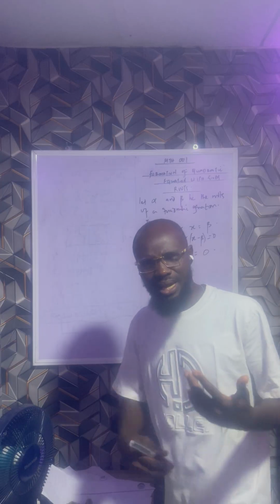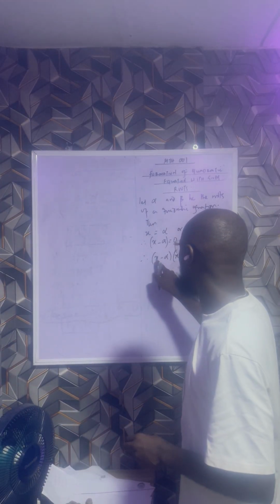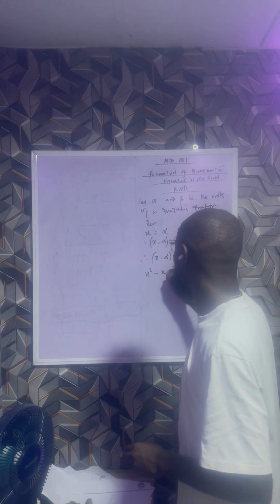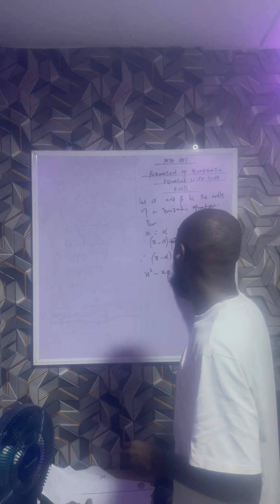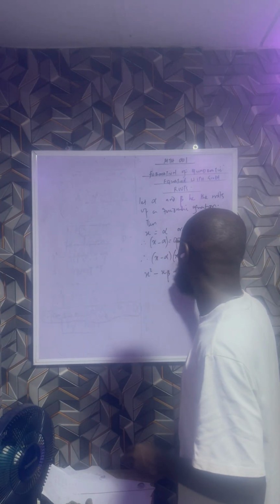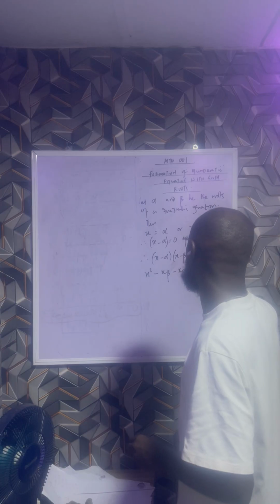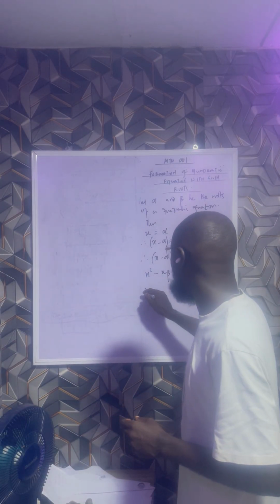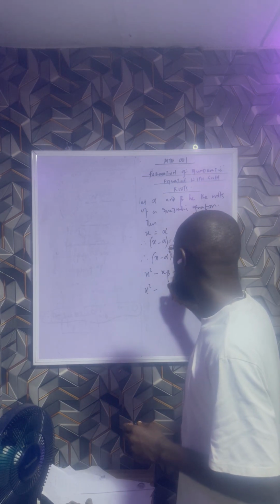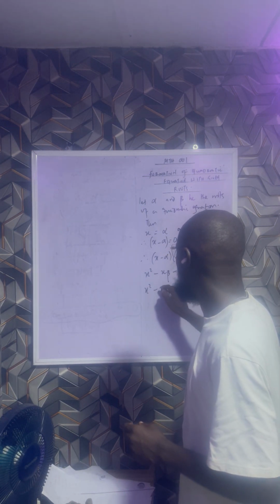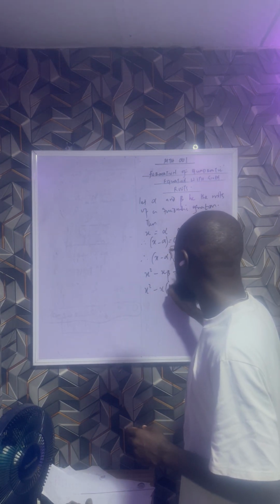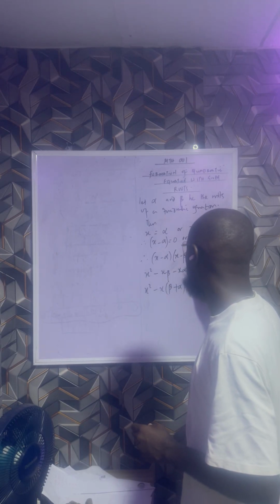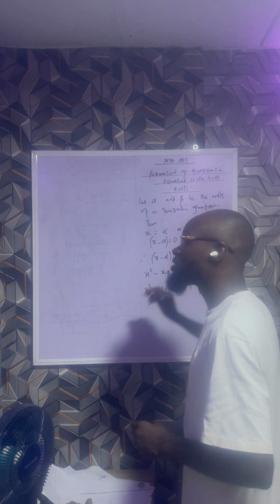And from there, we can multiply the two together. We have x squared minus x beta minus x alpha plus alpha beta equals 0. In that case, we can have x squared minus, we can bring out x since it is common, x into bracket, this is beta plus alpha, then plus alpha beta equals 0.